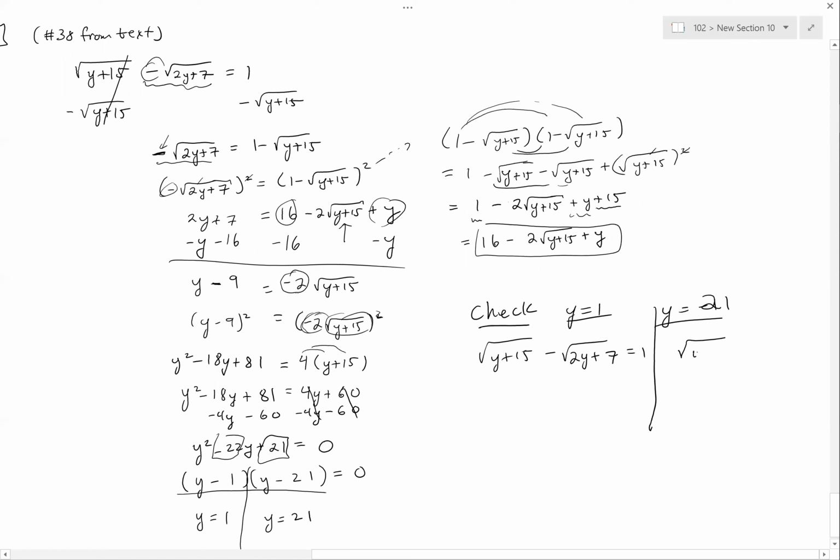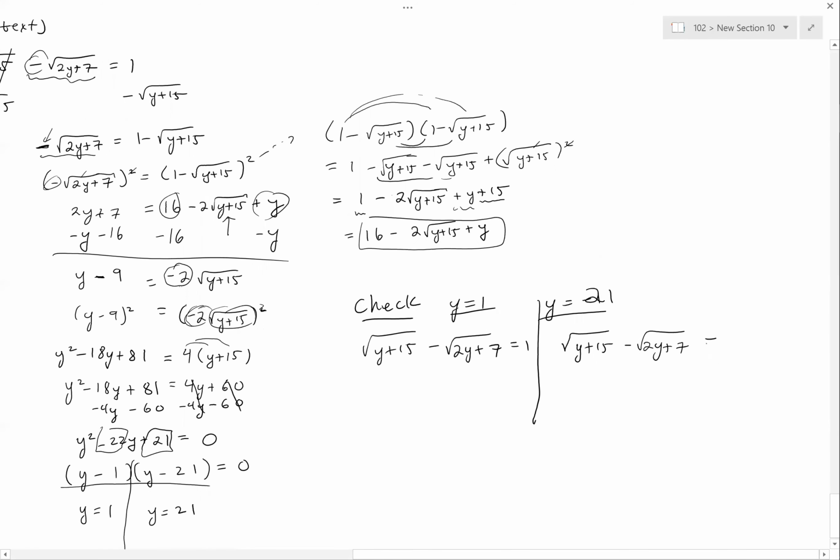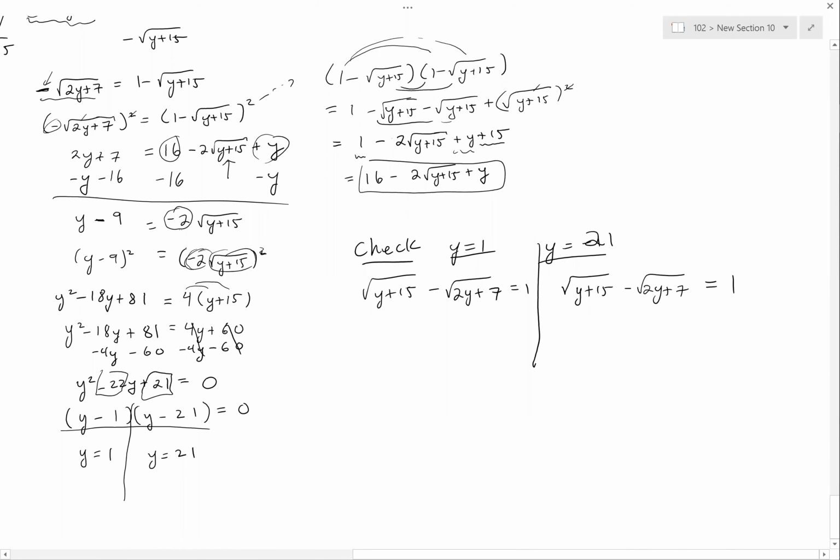This one as well. Let's see which one, if either of them, end up being true. So I'm going to replace on the left-hand side here y with 1.